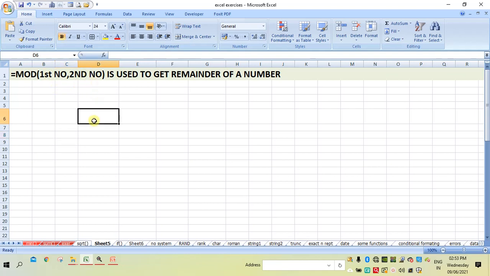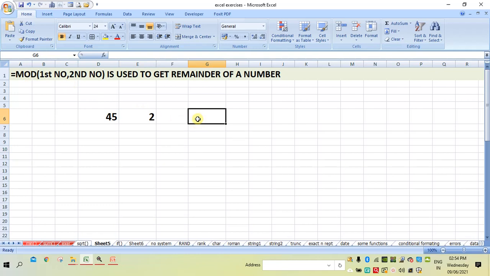For example, if I want to find the mod of 45 by 2, it means 45 is divided by 2, and whatever remainder is left is obtained by the MOD function.